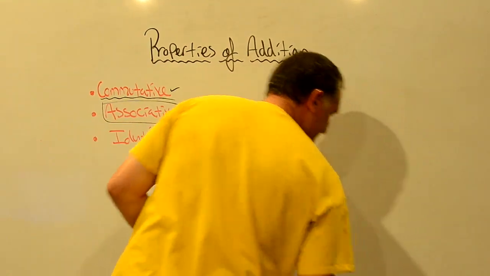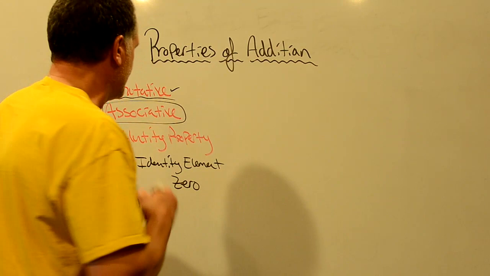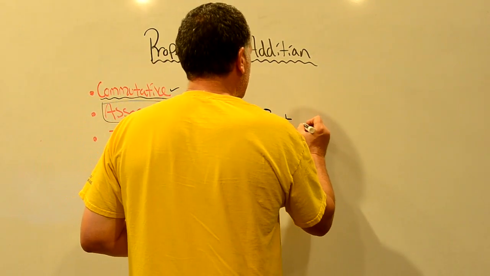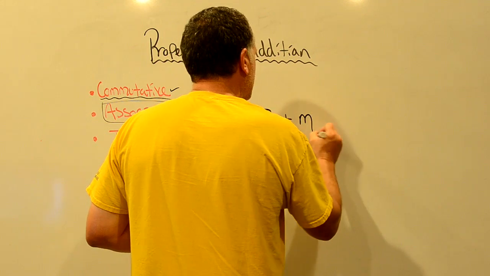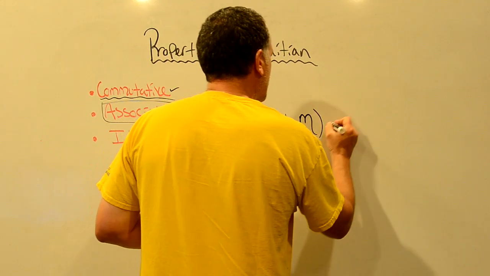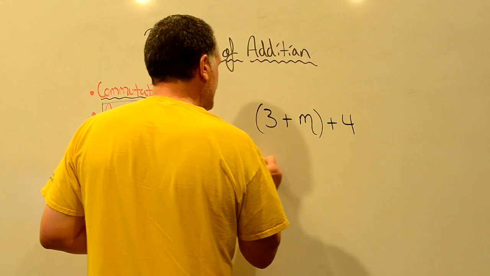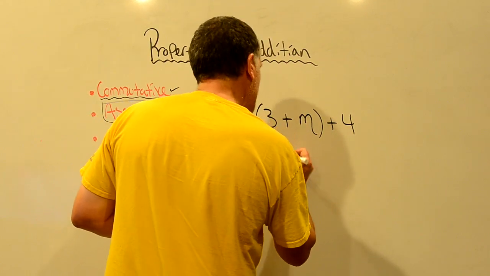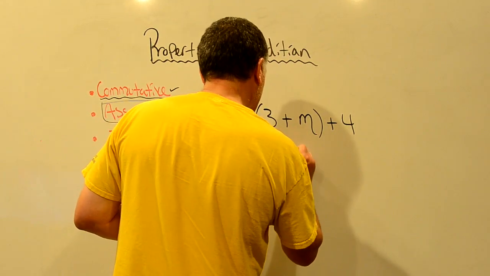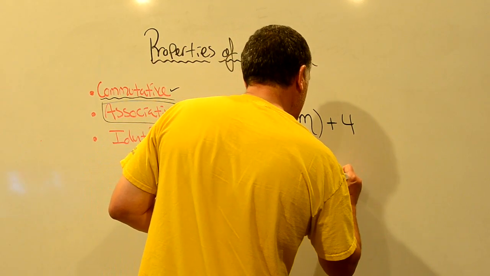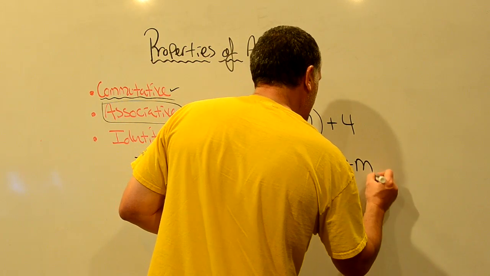Let's try another one. Perhaps you get a statement that looks like this: 3 plus m, plus 4, is equal to 4 plus 3 plus m.